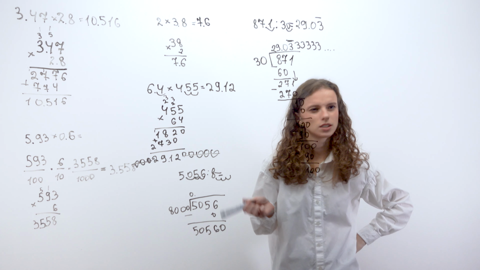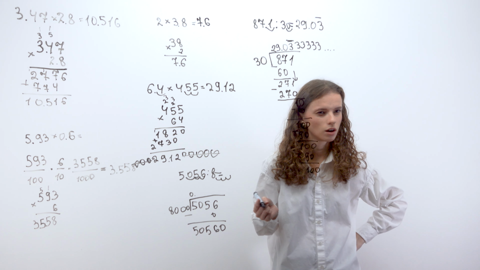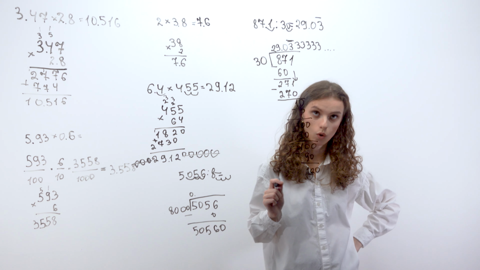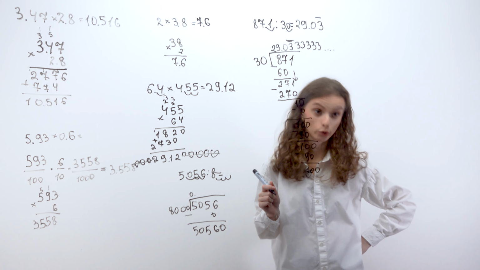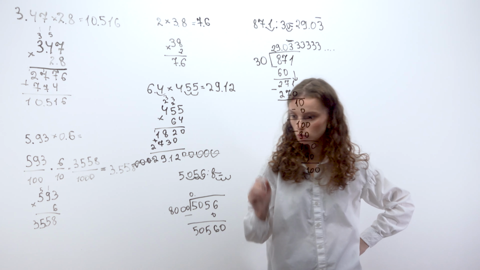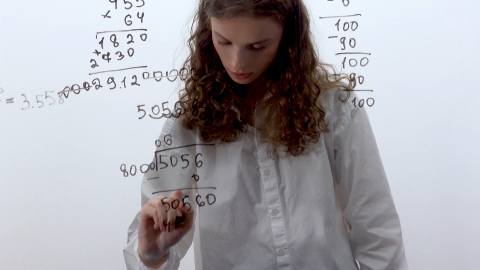Okay, 8 times 7 is 56, so no. How about 6? 8 times 6 is 48. Okay, 6 should work. So it'll be 40.